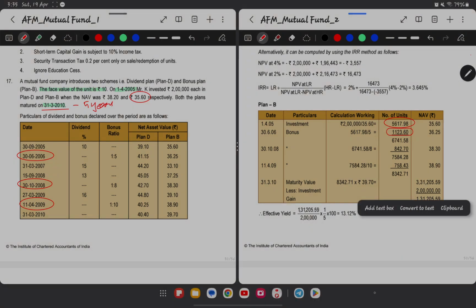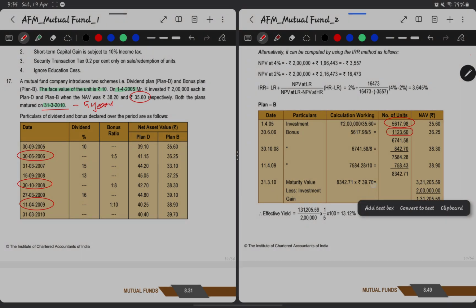So adding both will give us the balance units as 6,741.58. Now the next bonus was issued on 30/10/2008, which is in the ratio of 1:8. So the balance units divided by 8 into 1 will give us the new units, which is nothing but 842.7, and the NAV as on that date is 38.8.